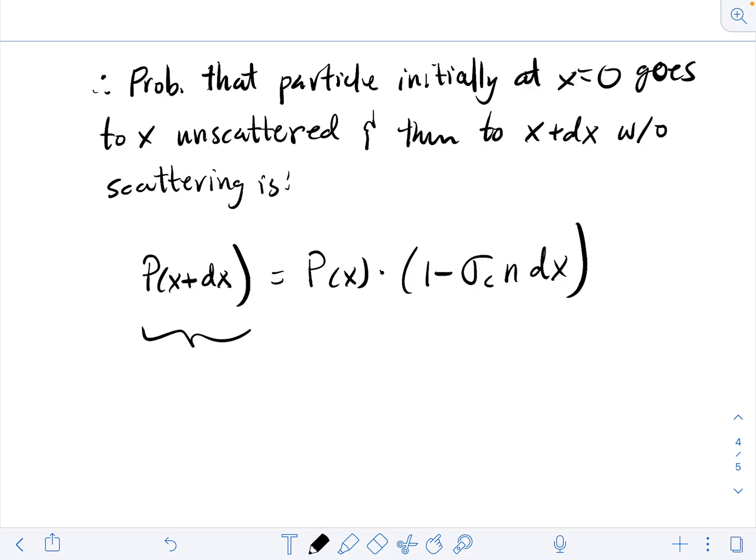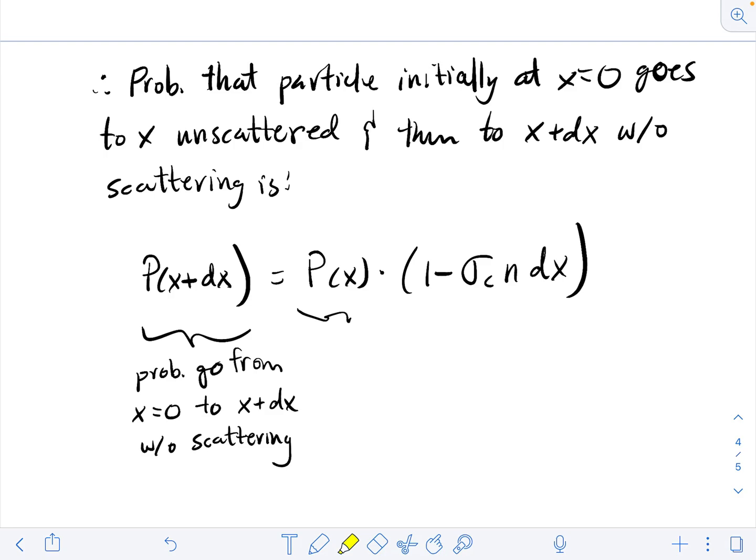And so just to try to be clear, this is the probability that we go from x equals 0 to x plus dx without scattering. P of x is the probability that we go from x equals 0 to x without scattering.